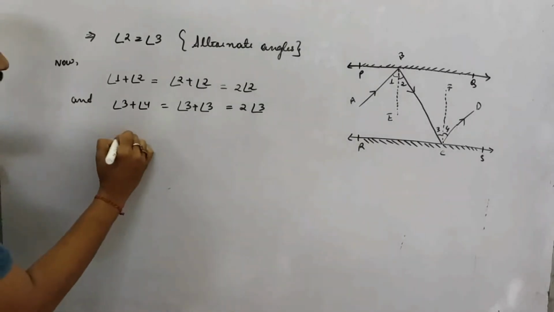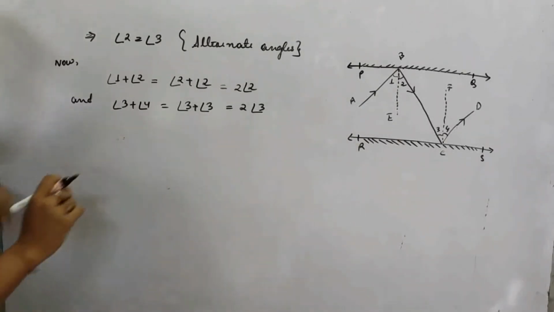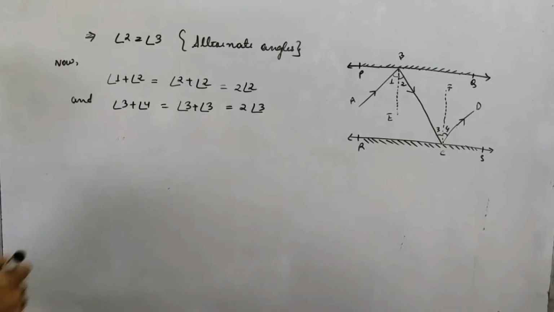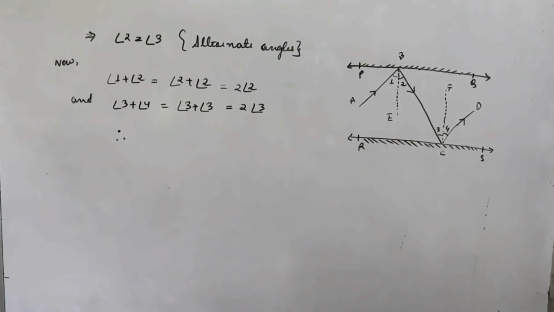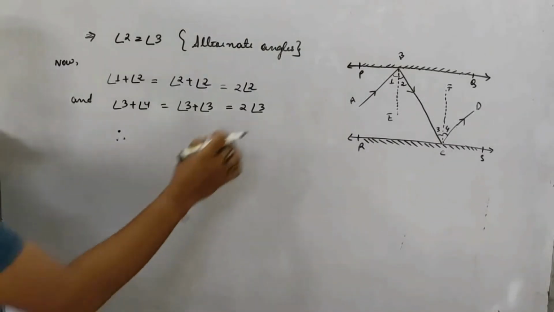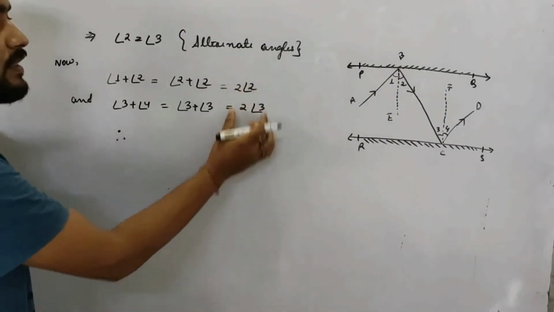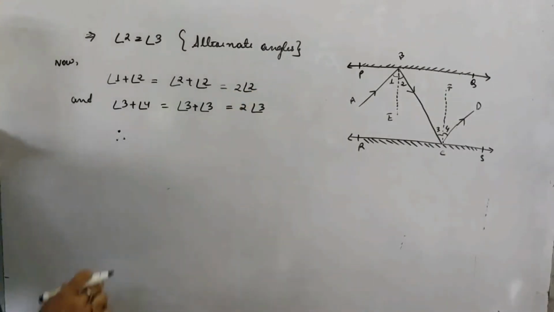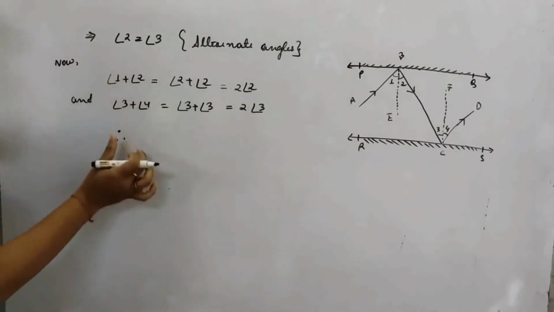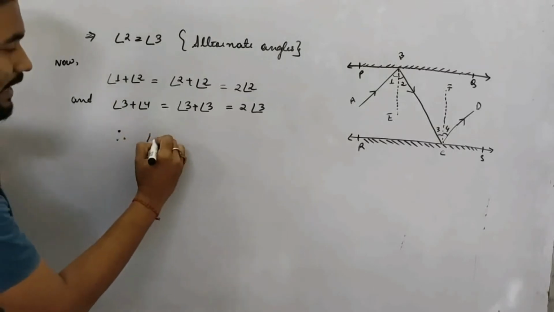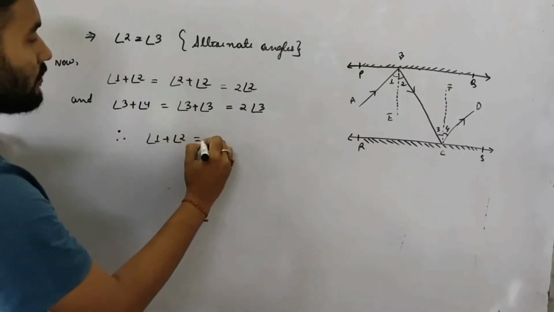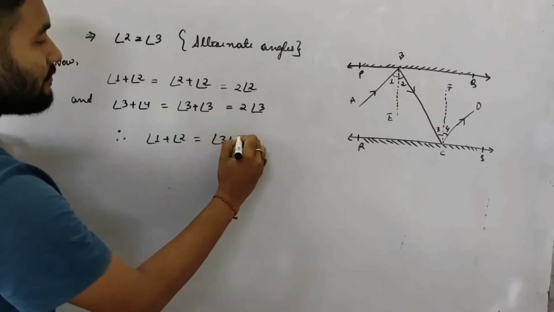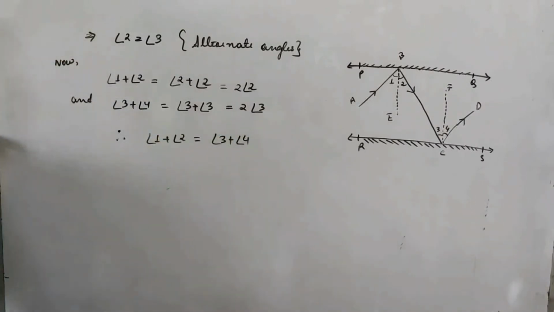So therefore what can I conclude now? Since the right hand side is exactly the same, the left hand side will also be exactly the same. That is, angle 1 plus angle 2 will be equal to angle 3 plus angle 4.